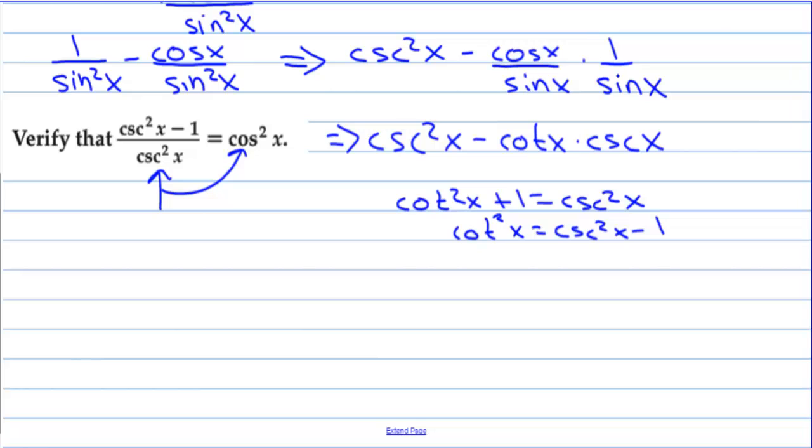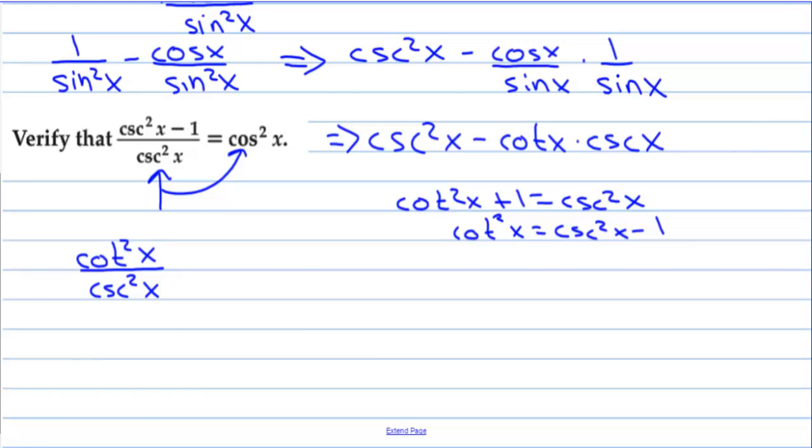So my very first step on this, taking the left side, turning it into the right side, is that top becomes cotangent squared x over cosecant squared x. Pythagorean identity. Next possibility, I can't do common denominators. I only have one fraction. I don't have any conjugates up here anymore, so that's out of the question.